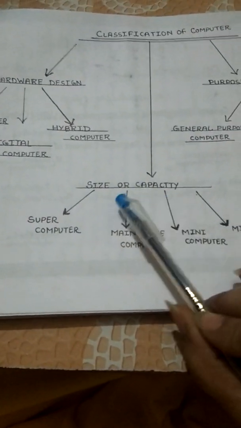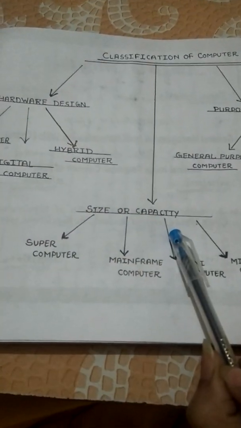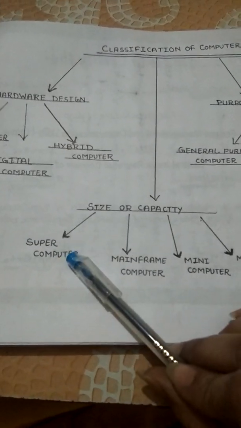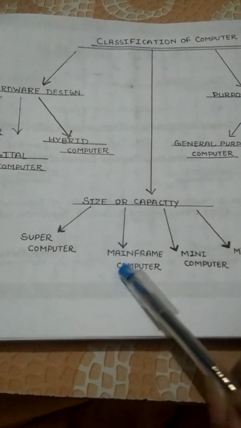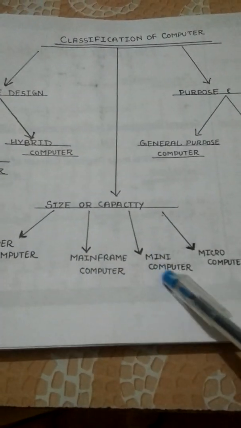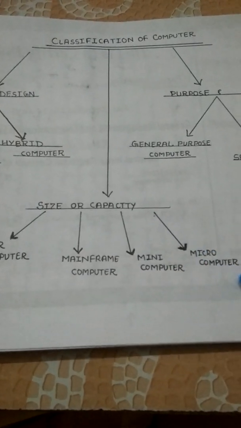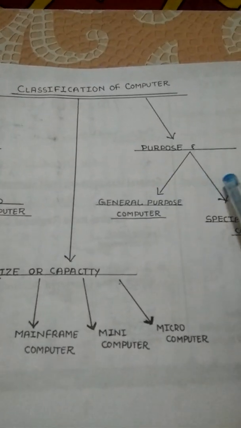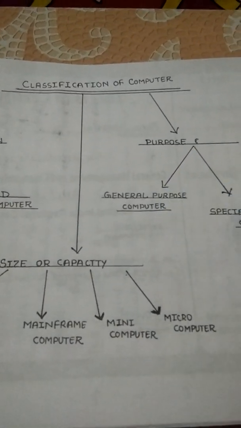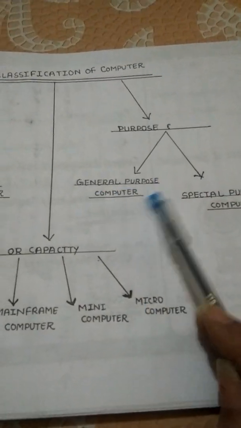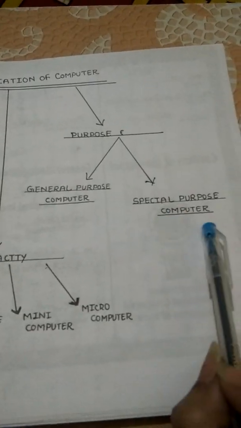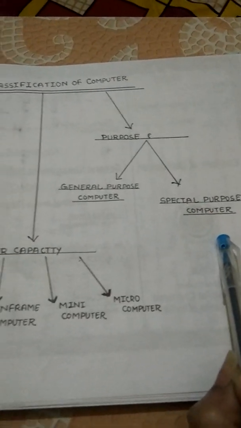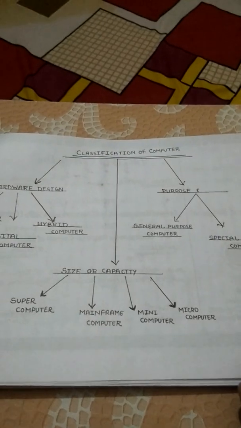Now next one is size or capacity: supercomputer, mainframe computer, mini computer, and microcomputer. Now purpose. Purpose has two parts: general purpose computer and special purpose computer. See the chart.